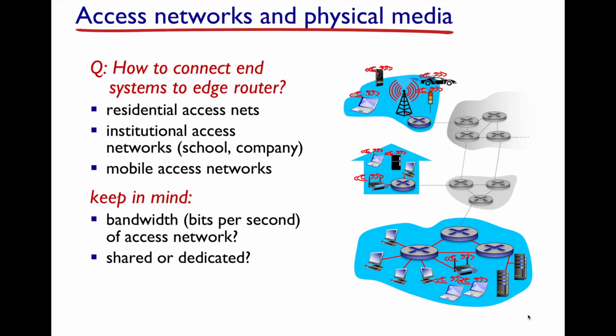No? All right. So let's take a look at some of these access networks, and we'll spend the next 5 or so minutes doing that. So we have residential access networks, we have institutional access networks, and we have mobile access networks. And each one has a certain bandwidth characteristic associated with it.